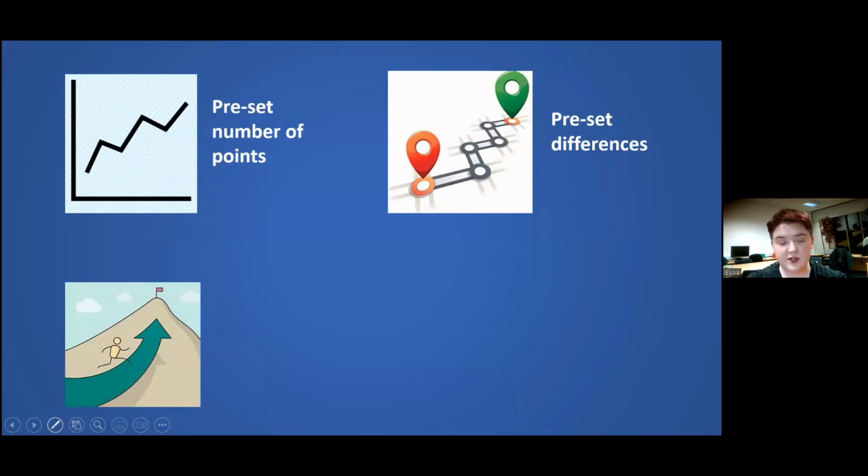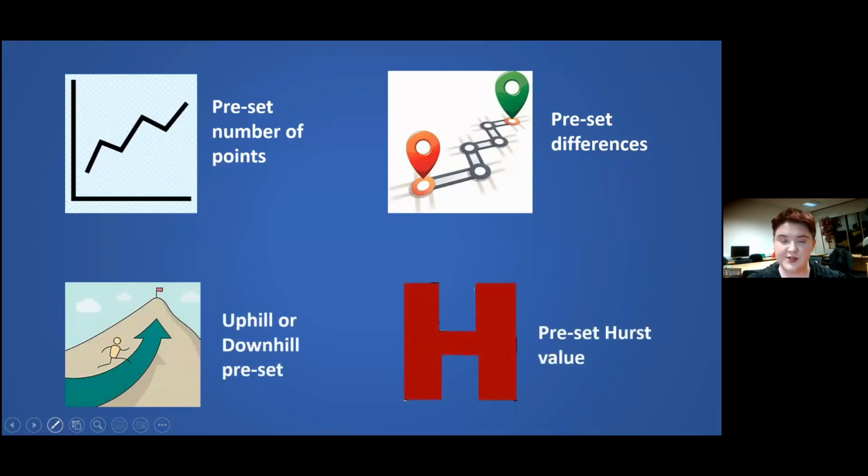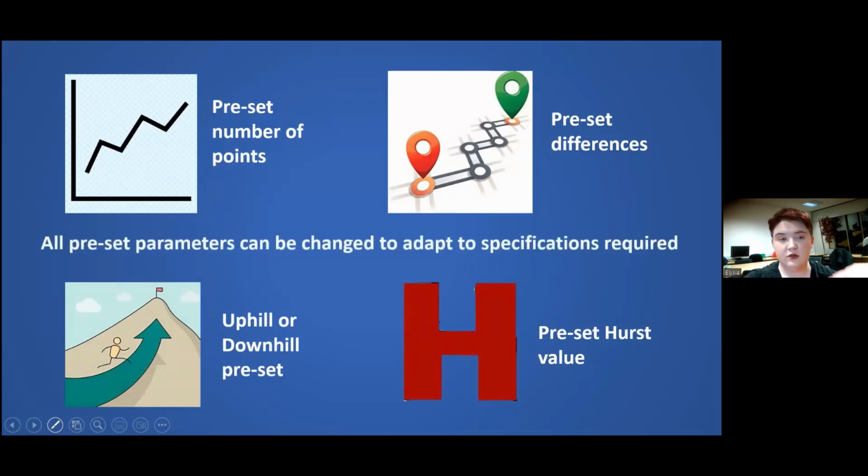Then finally, the Hurst parameter I have preset to 0.6, as that's an average that I have calculated based on numerous comparisons against real topographies. Again, all of these preset parameters can be changed to adapt the specifications of the user and the terrain itself.